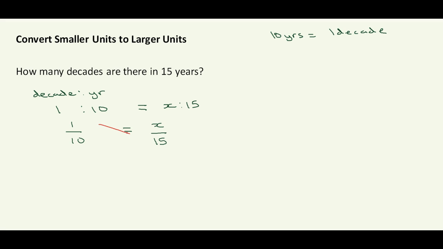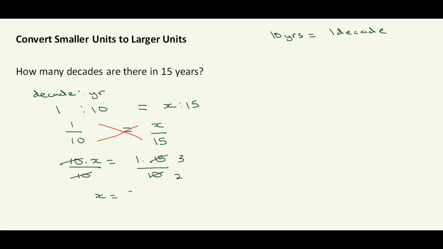And we can cross product this now. And that will give us 10 multiplied by x equal to 1 multiplied by 15. Divide by 10, divide by 10. So this crosses out. 15 and 10, you can divide both by 5. You have 2 here, you have 3.